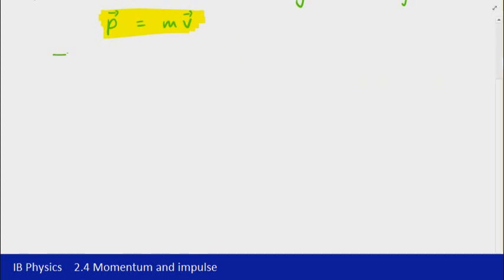A couple of points to note about that quantity of momentum. Because velocity is a vector quantity and we're just multiplying it by the scalar of mass, that means that momentum is a vector quantity as well. So it's important to note here that direction is important.